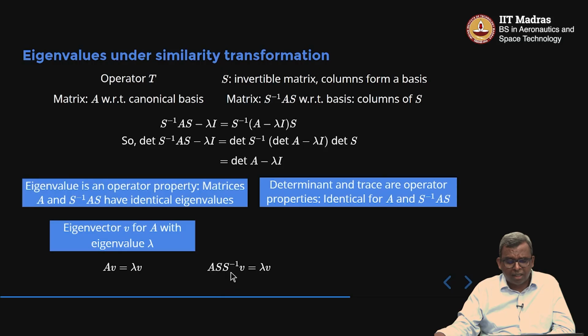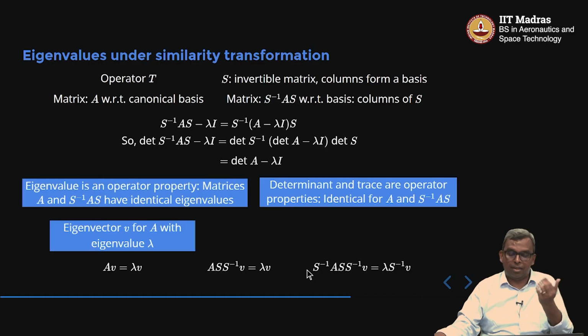It doesn't do anything, right? It's the same. But once I introduce this, notice what happens. I can multiply by S inverse on both sides. So I have S inverse AS times S inverse V is the same as lambda times S inverse V. Now this is an eigenvalue eigenvector equation for S inverse AS. So you block this S inverse AS together, then you have an eigenvector eigenvalue equation.